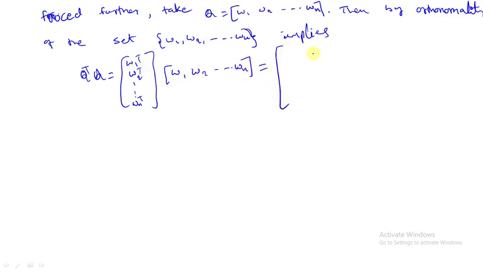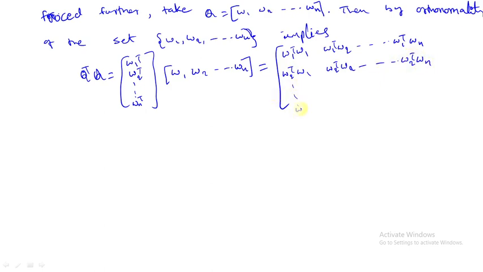Now what is the multiplication? The first row is w1 transpose w1, w1 transpose w2, and so on up to w1 transpose wn. Next is w2 transpose w1, w2 transpose w2, and so on.